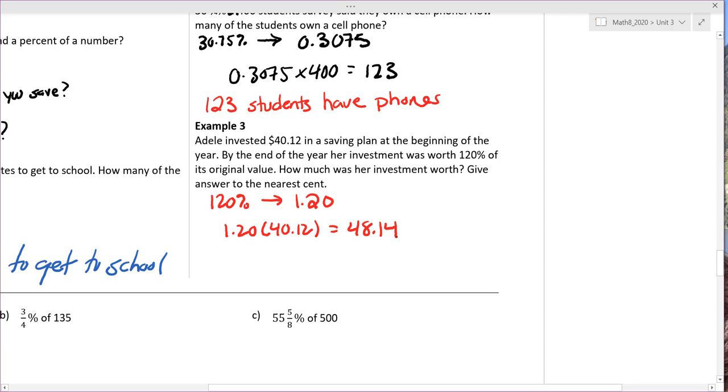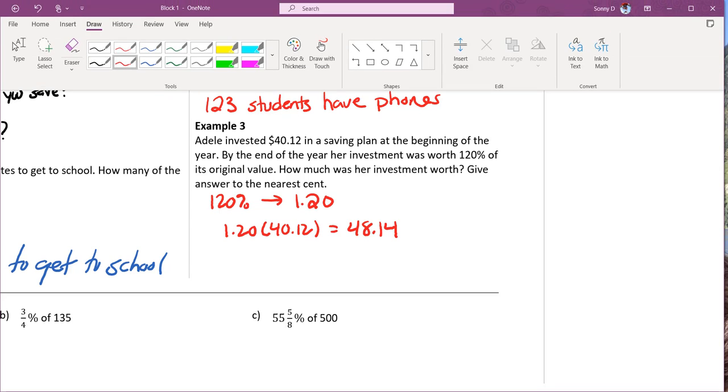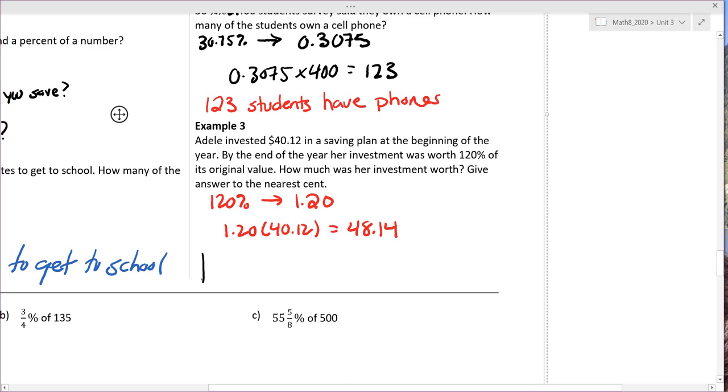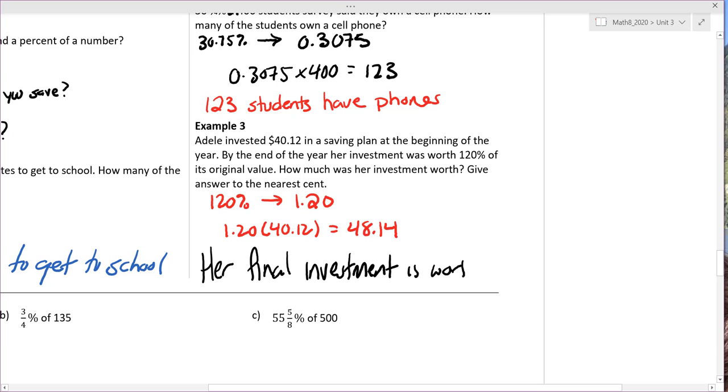So since we're talking about money, and it even says in the question, nearest cent, you should have 2 decimal places, right? You have 2 decimal places for cents. So we give her a little statement. Her final investment is worth, include the dollar sign, $48.14.